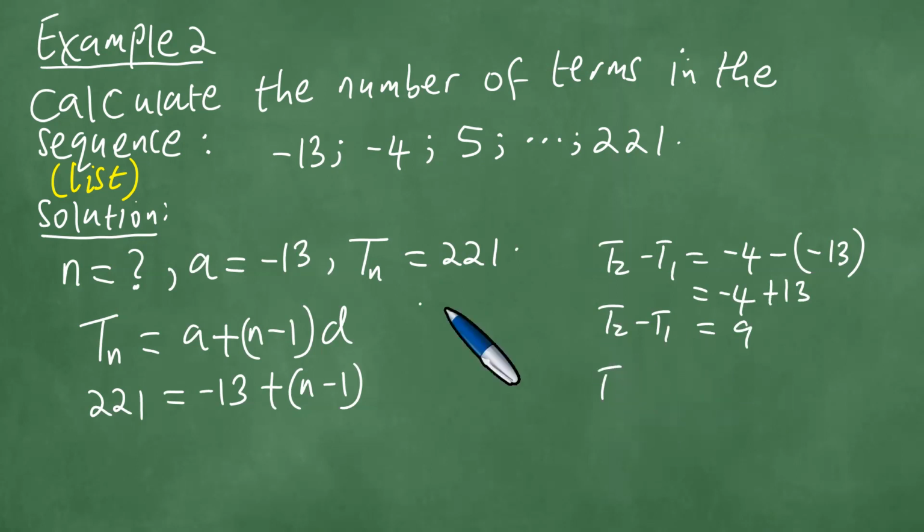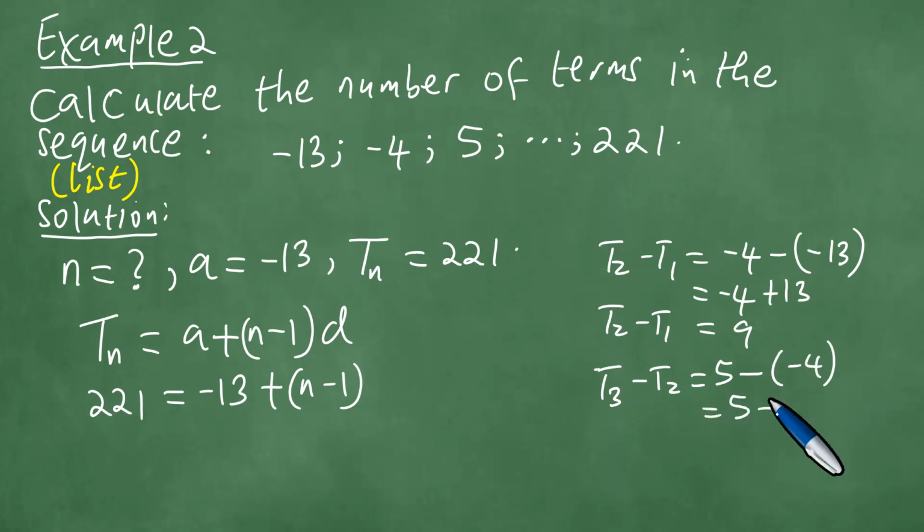But you need to check because it must occur twice. Now we just found T2 minus T1, so we must also do T3 minus T2. What is T3? 5 minus T2, which is 5 plus 4, is 9.